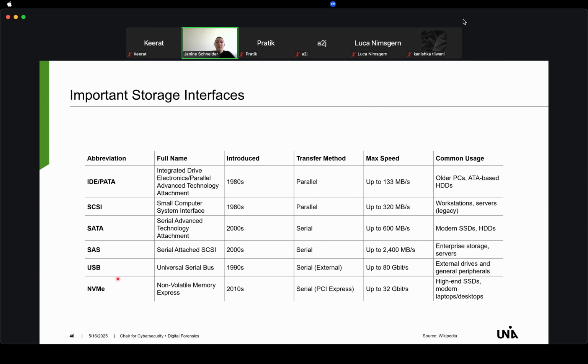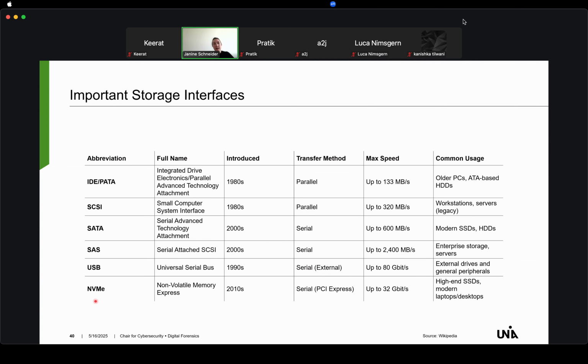Of course, we have USB. USB actually doesn't fit that well into that table, but for simplicity, I put it there. So it's the Universal Serial Bus, introduced in the 1990s. It has a serial transfer method for external storage devices, and it's actually very fast nowadays.